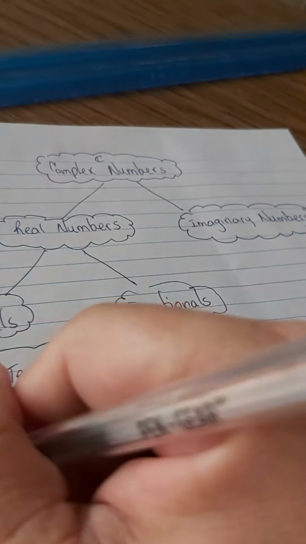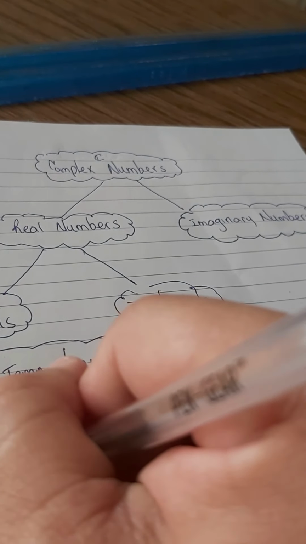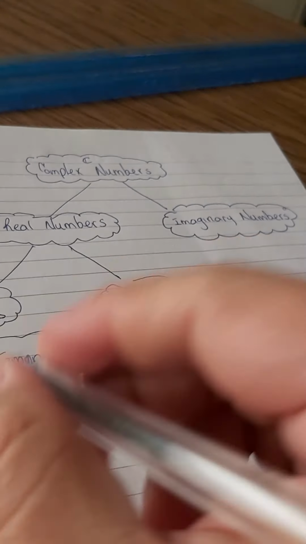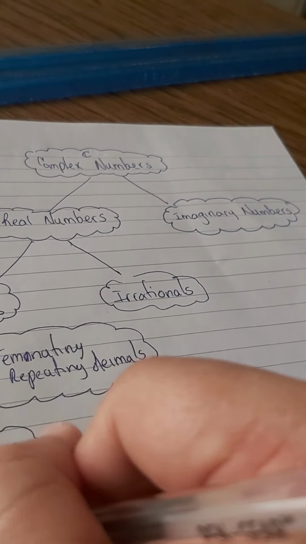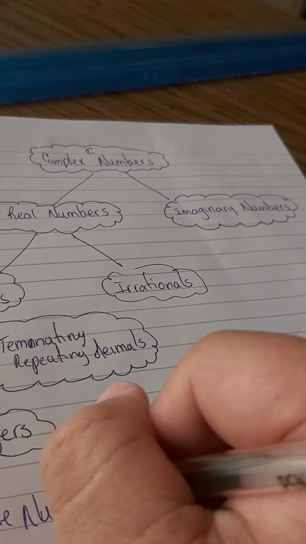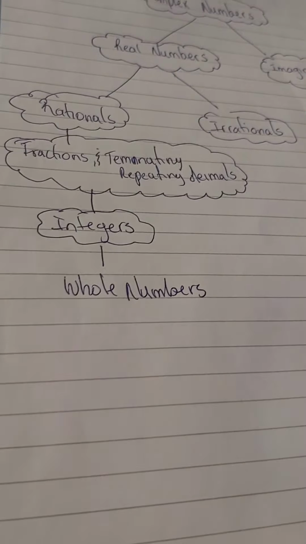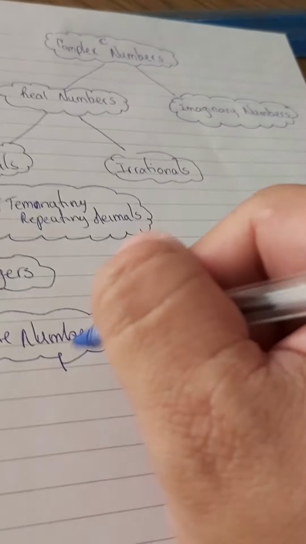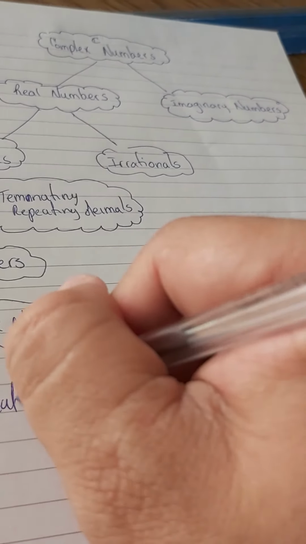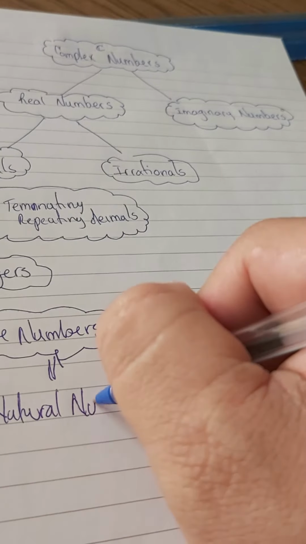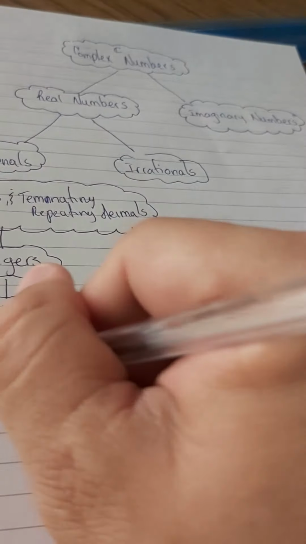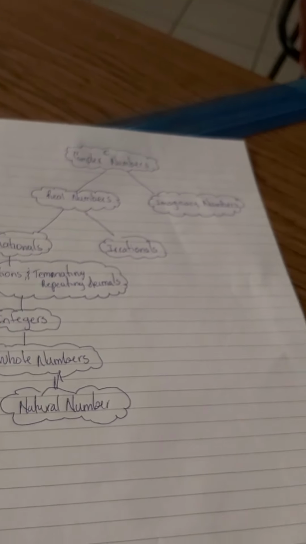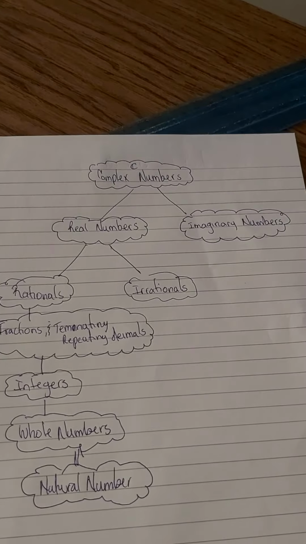We have integers. We have whole numbers. And finally, natural numbers. Okay, so this is how we classify complex numbers.